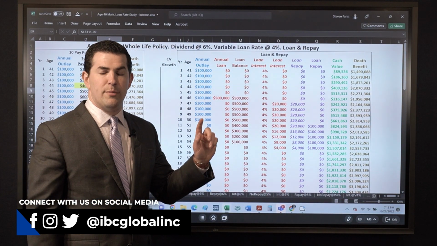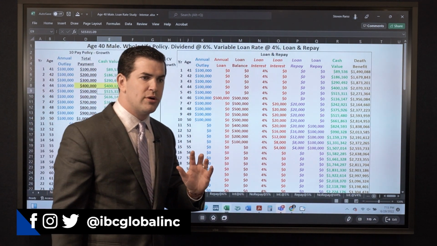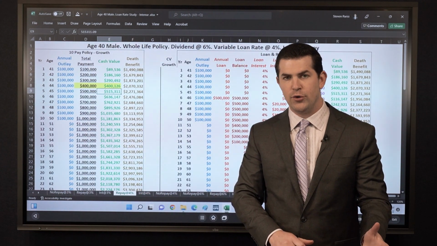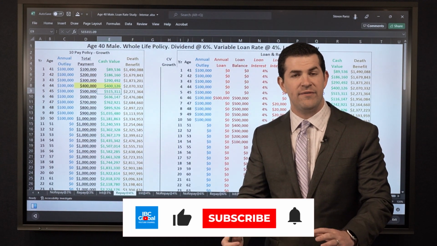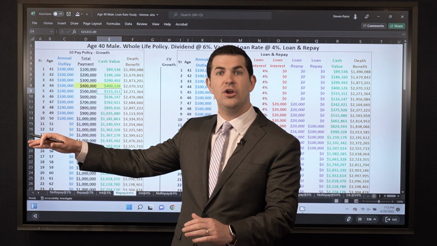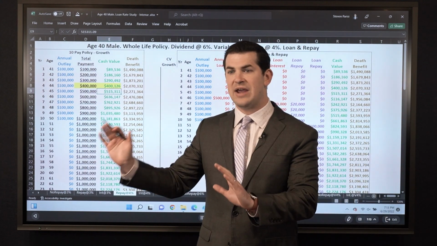Before we dive into the actual growth and loan scenarios, the most important thing to do when you are looking to use a policy for the liquidity benefit, remembering that the money's always compounding, and you want to use that potentially for real estate investing, here's exactly what I would do.